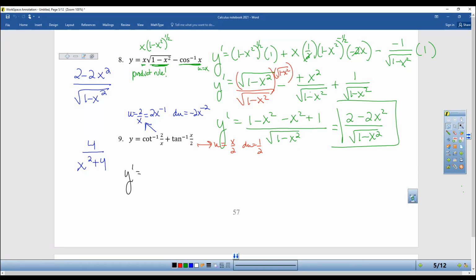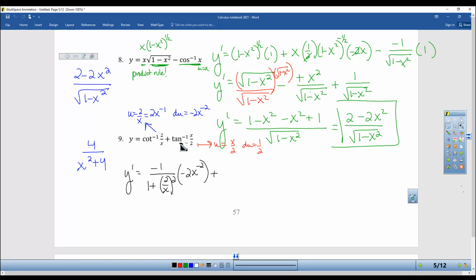All right, derivative. Cotangent and tangent inverses have the same exact derivative, except the cotangent is negative. -1 over 1 plus u squared times du. Isn't it nice to have done that ahead? Really highly recommend that.